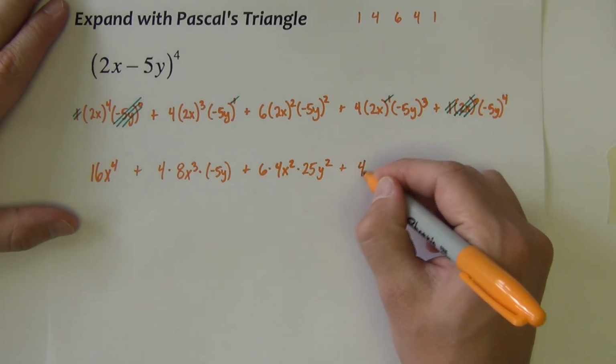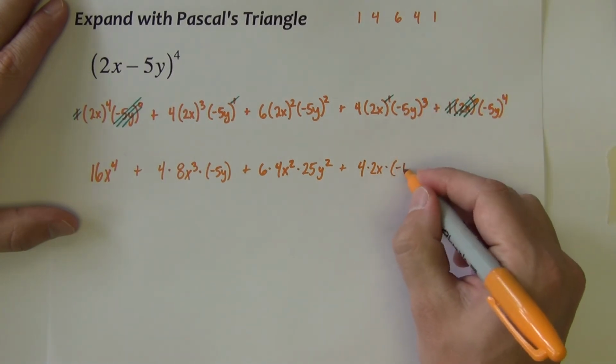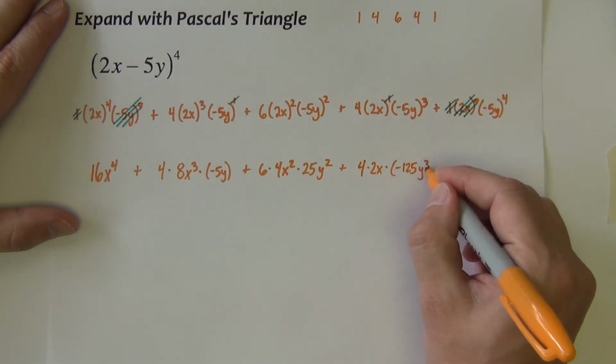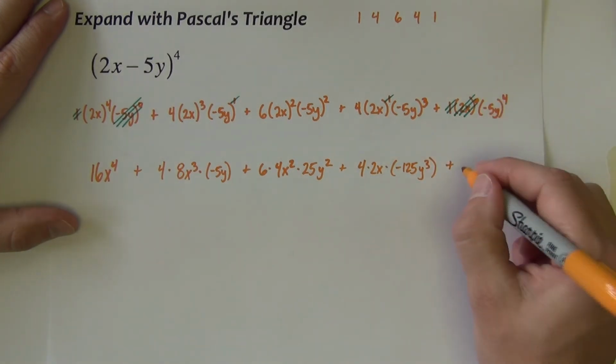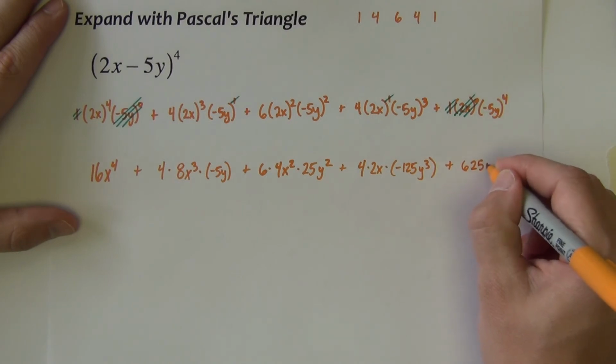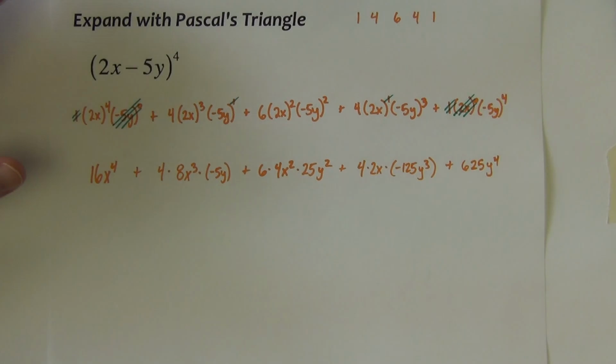Next we have 4 times 2x times negative 5y cubed is negative 125y cubed. Plus, then we have just the negative 5y to the 4th is 625y to the 4th.